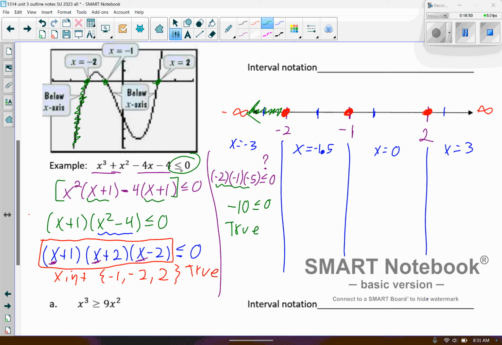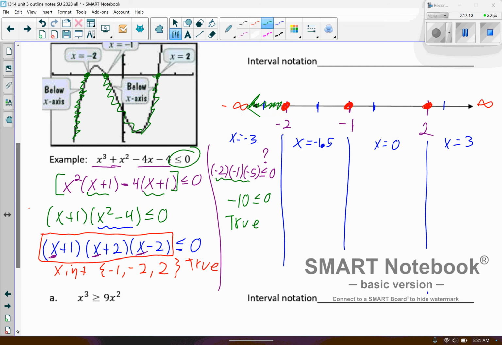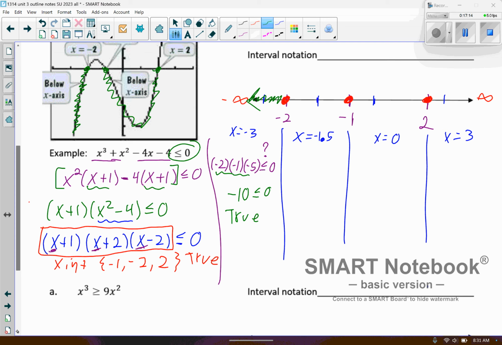We wanted values less than or equal to 0. So you can already see that the next part will come back as being false, because I'm going to get positive values, and then negative values again, and then positive values. But we're going to go through the process anyway because, like I said, you won't always have the picture. But sometimes seeing the picture can help give you a better understanding of what's taking place.